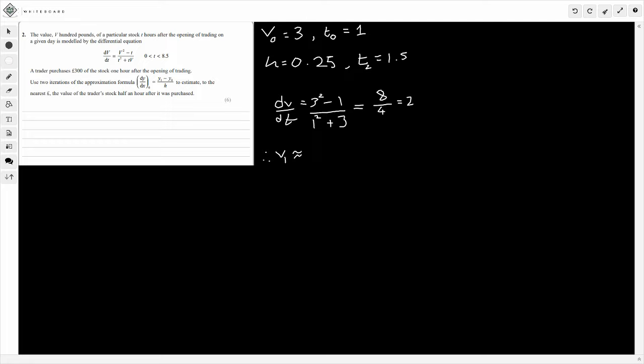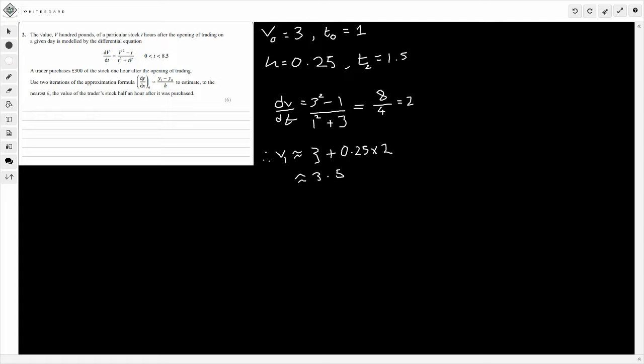So that's 3, because that's my v0, plus h, which is 0.25, times 2. So 3 plus 0.25 times 2 is approximately 3.5. So that's my first V1 value.